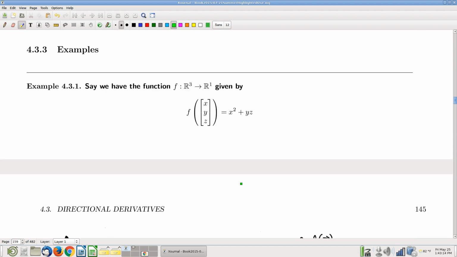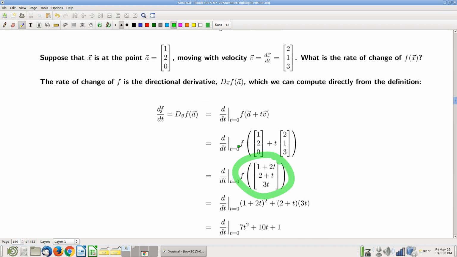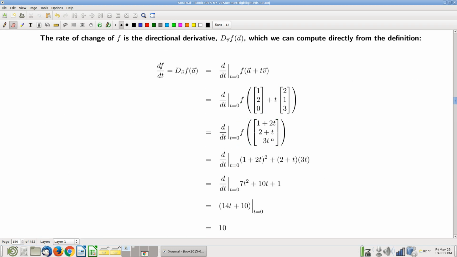Where was f? Okay, f is that. Let's see here. I've got to memorize this now. x squared plus yz. So first component squared plus second component times third component. Right? x squared plus yz. And here, what we're plugging in, there's our x. So there you see x squared. Right?